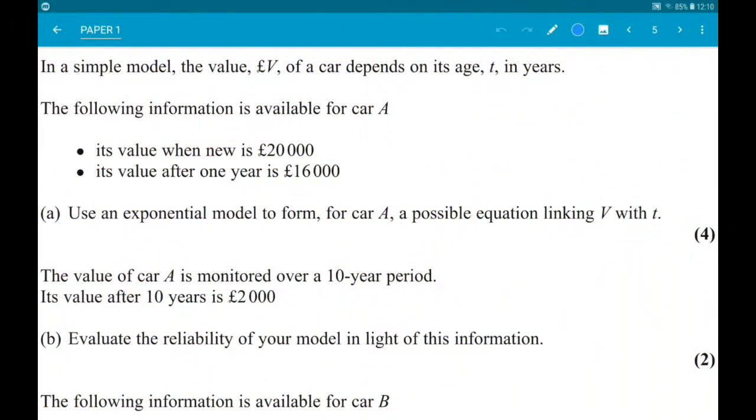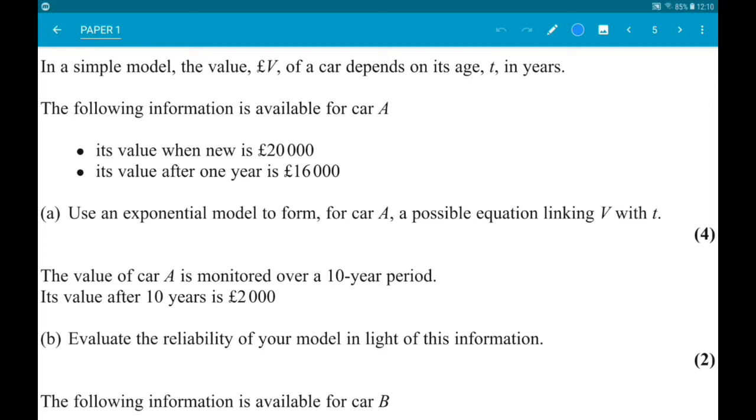Number 7. In a simple model, the value v pounds of a car depends on its age t years. For car A, its value when new is £20,000 and after 1 year is £16,000. Part A. Use an exponential model to form an equation linking v with t.